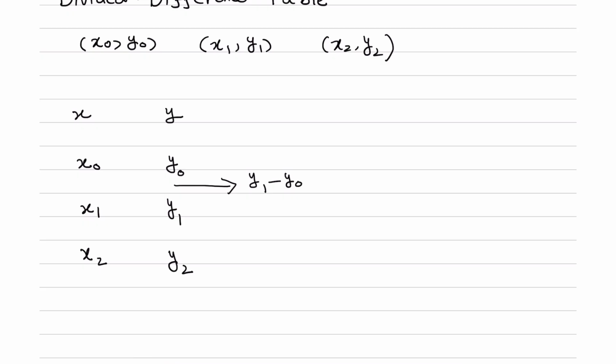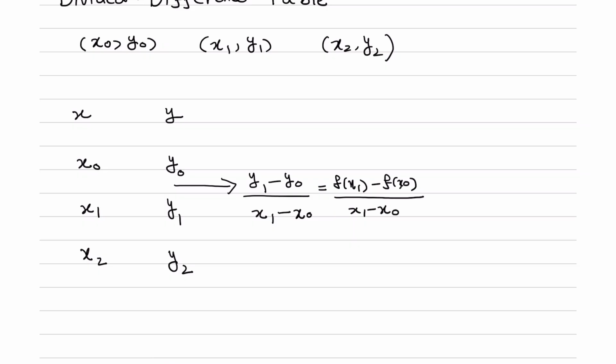Since it's a divided difference table, it is divided by corresponding x values. y1's corresponding x value is x1 minus the corresponding y0 x value, which is x0. Let's see what actually this is. y1 is f of x1 minus f of x0 divided by x1 minus x0.